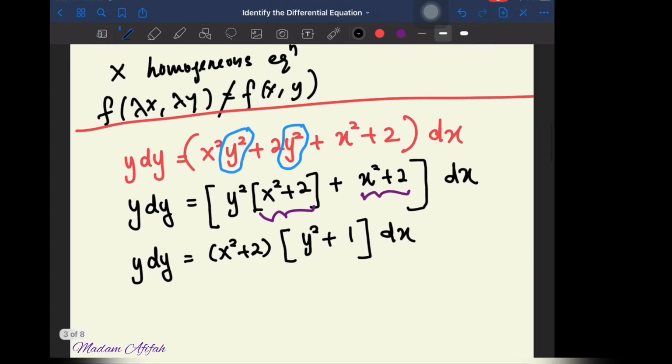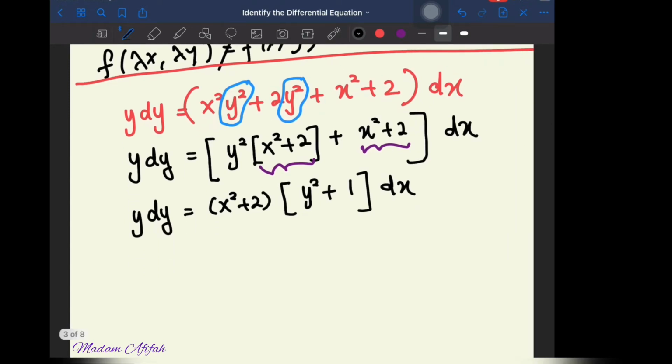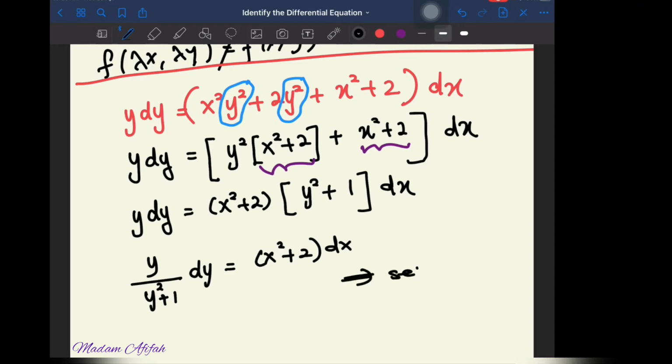So clearly from here this is a separable equation because you can separate the variables x and y. You will have y over (y squared plus 1) dy equals (x squared plus 2) with respect to dx. Therefore this is a separable equation.